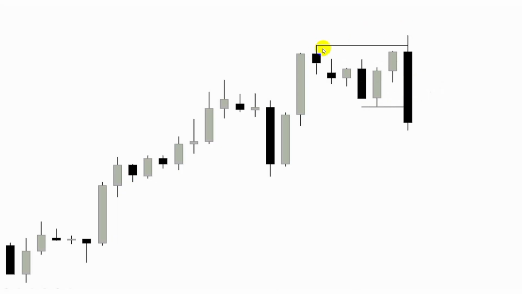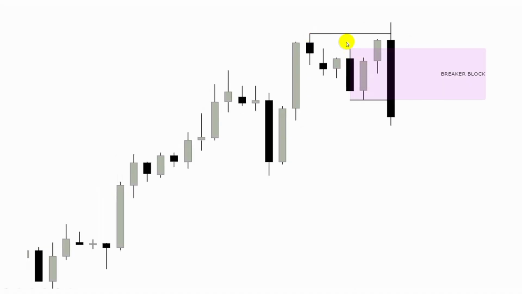Then price took out this swing high points. So we have a raid on liquidity, not really a valid break of structure. So we identify this as our breakout block: the last down close candle before the impulsive move that took out this buy side liquidity, this previous swing high. And now we can see the displacement, and the displacement broke the previous swing low points.